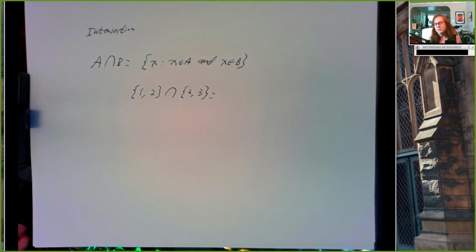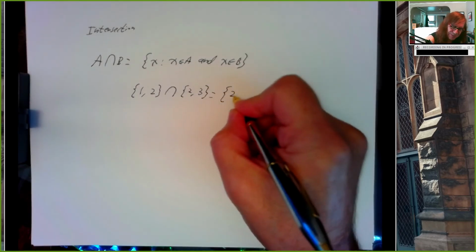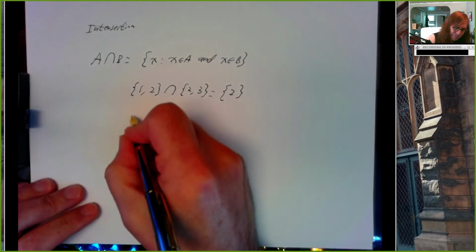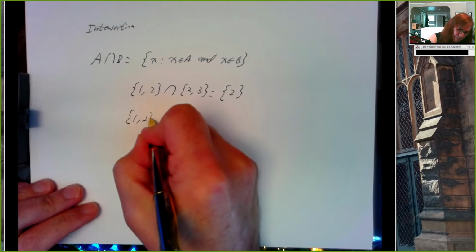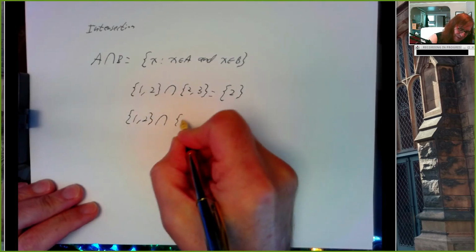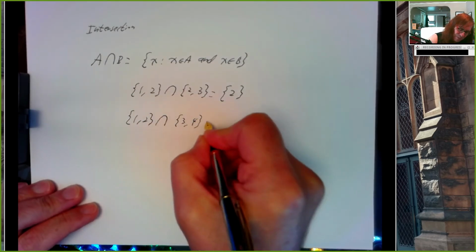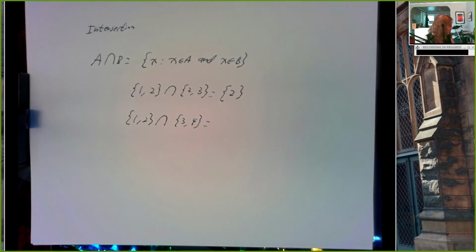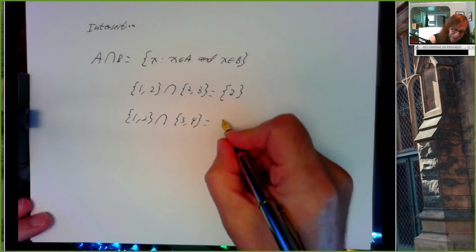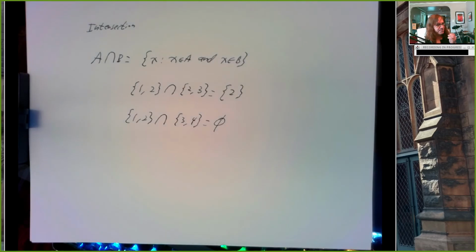If I intersect 1, 2 and 2, 3, what will I end up with? 2. Yep, just a singleton set containing 2. And if I take 1, 2 and intersect with 3, 4, what do I end up with? Null set, so there's that empty set coming back into play.